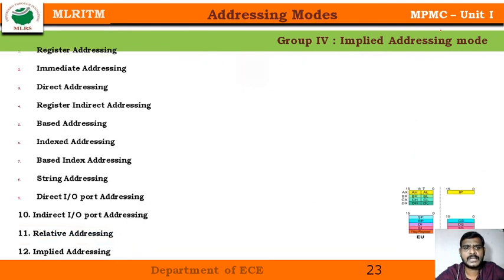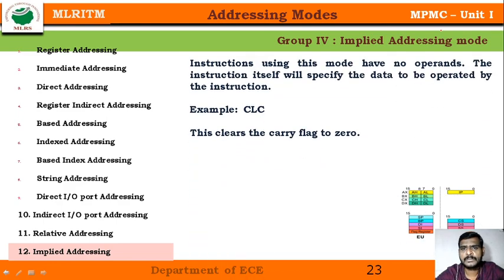And then finally the last mode is called the implied addressing mode. What is the implied addressing mode? Instructions using this mode have no operand, which means there is no source and no destination operand, only a mnemonic or an operation code is present.